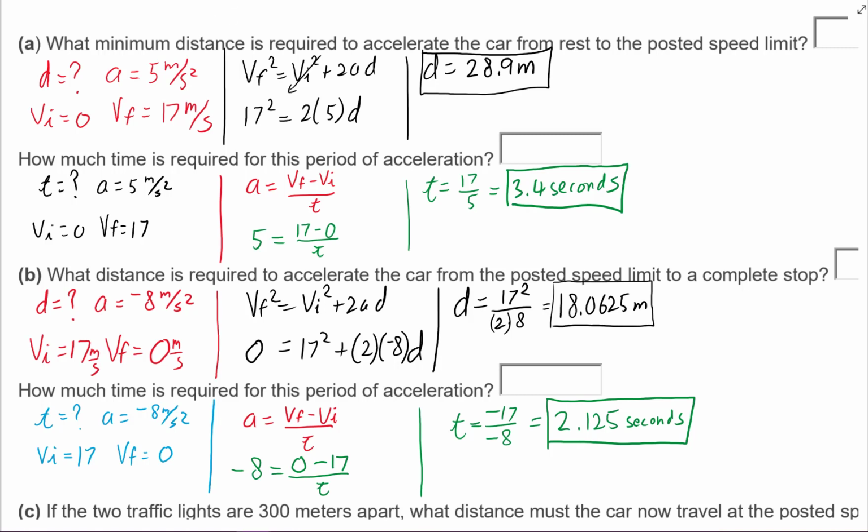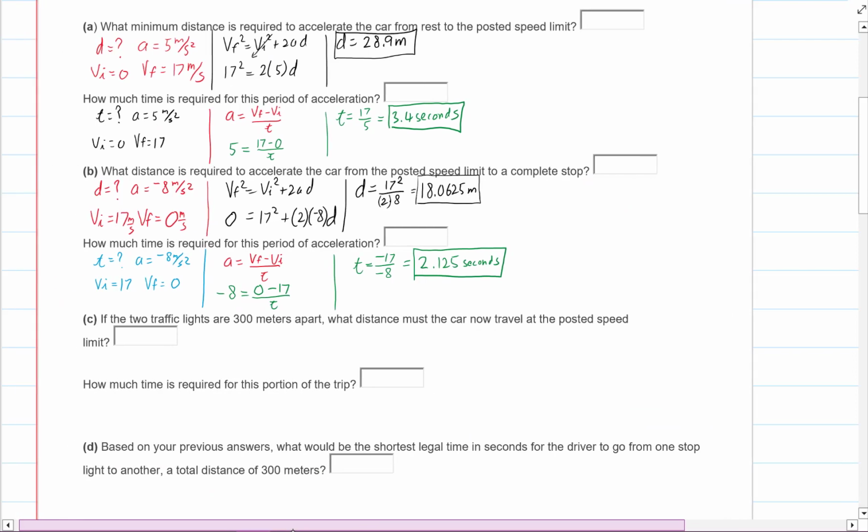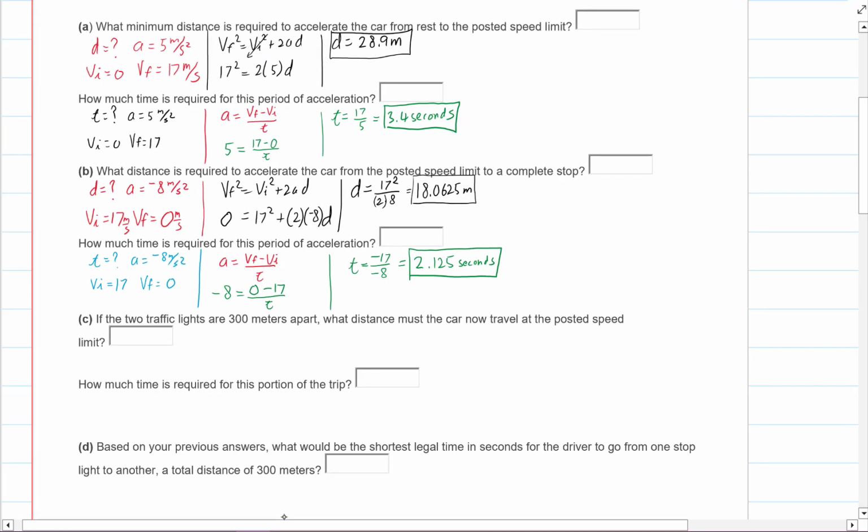So let's just zoom in a tiny bit here to take a look at the question. If the two traffic lights are 300 meters apart, what distance must the car now travel at the posted speed limit? So we have one street light and another street light. And when the light goes green, it goes up to a speed and then stays at that speed until he has to brake down to a stop there.